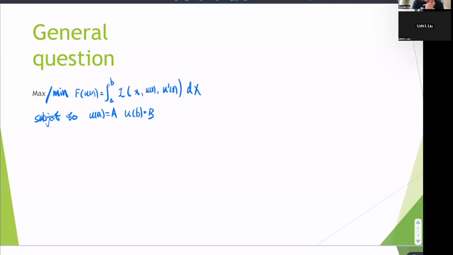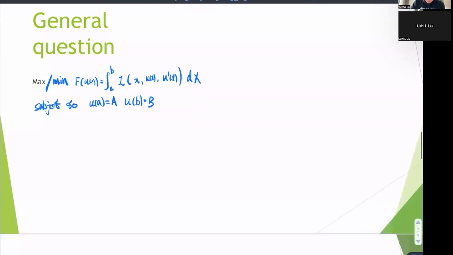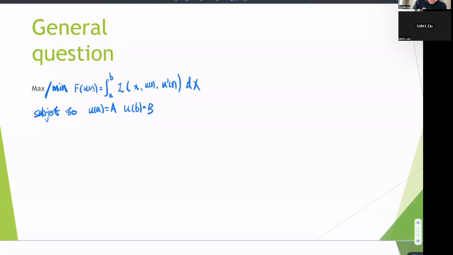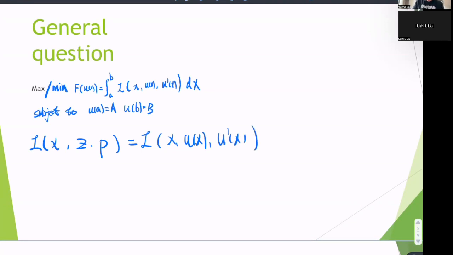Now here we have our constraint at two points: u of a equals A and u of b equals B. To solve this question, we first have to set up a function, L of x, u of x, u prime of x. Let's call u of x z and u prime of x p, so this is equivalent to L of x, z, p.